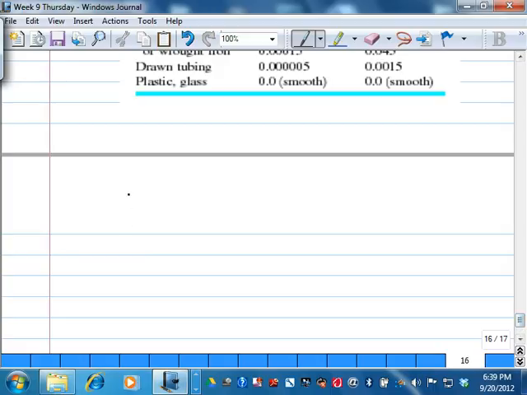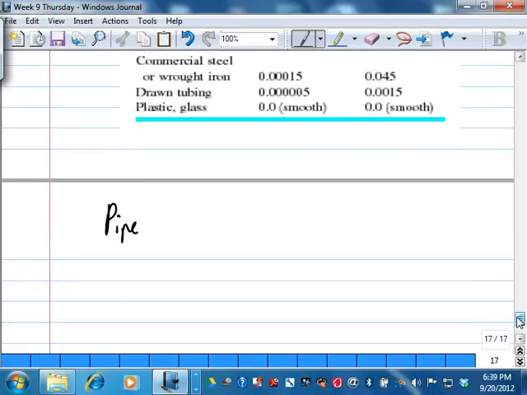Alright, right now we don't know how to calculate minor losses. That one we'll do later. So let's say a municipal type water pipe. How big is it? Maybe diameter 100 mm.